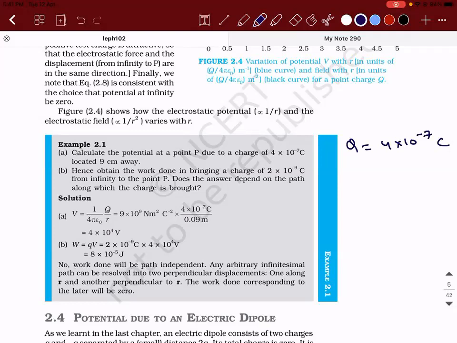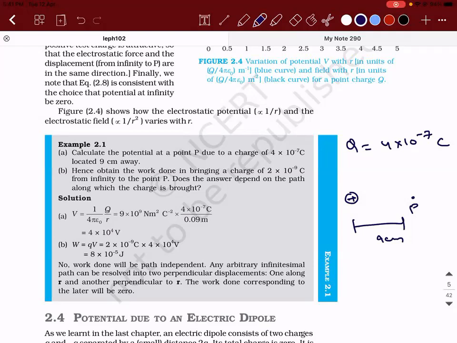So I have a source charge and we are interested to calculate the potential at a distance of 9 centimeter from it. The test charge was initially at infinity, and from infinity you bring it to a distance of 9 centimeter from the source charge. Is that clear? You know the formula, so apply it and calculate.